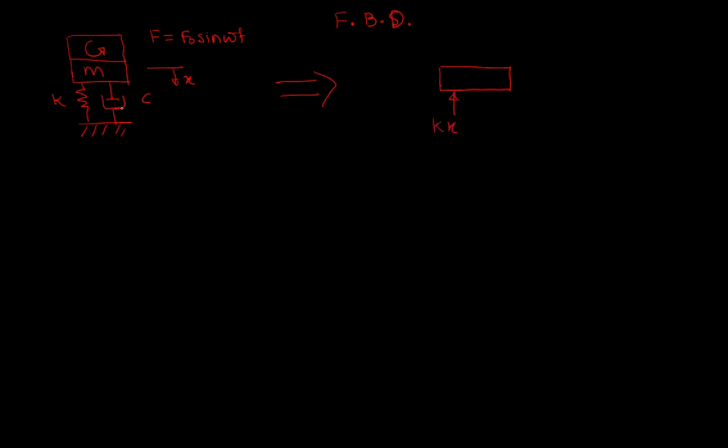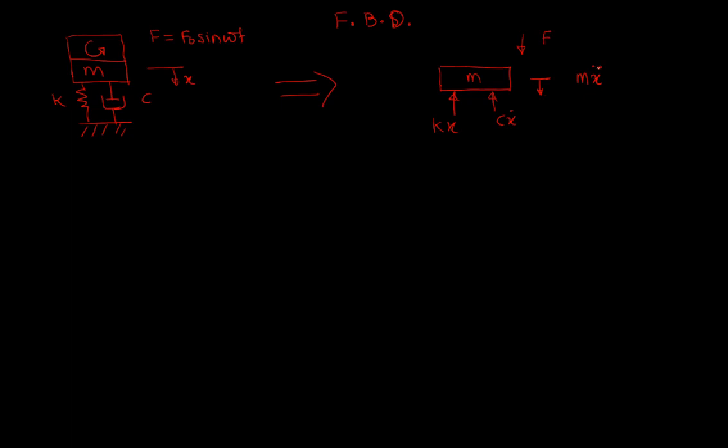If I am disconnecting the damper, what is going to happen? I will get C times X dot. Third, as this mass is moving with respect to the equilibrium position, it is generating an m x double dot inertia force. And all these forces are balanced by this external force.